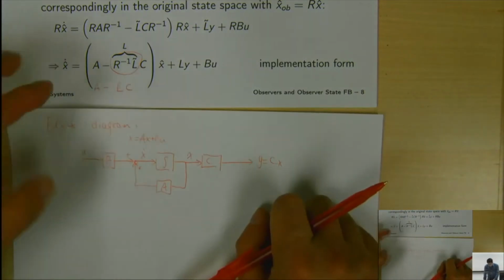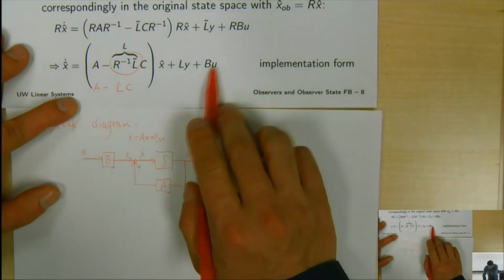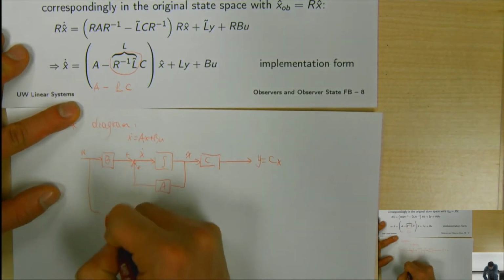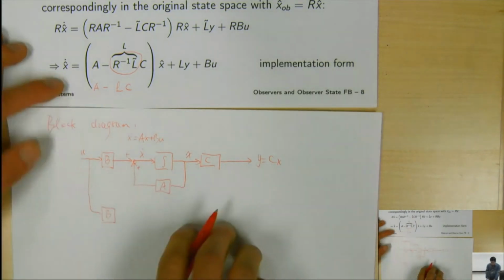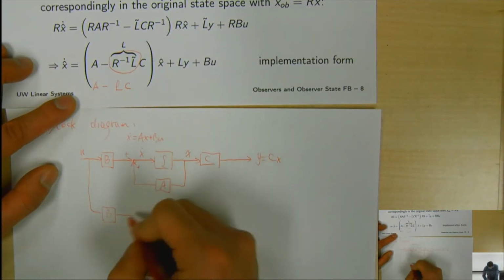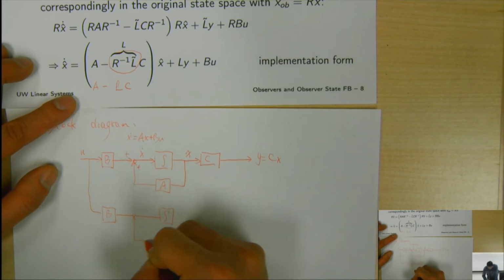This is how the state system can be realized. And then what the observer is trying to do is as follows. It takes the same input, goes through B, right? It's over here. And then it's going to have a structure that looks very similar to here.